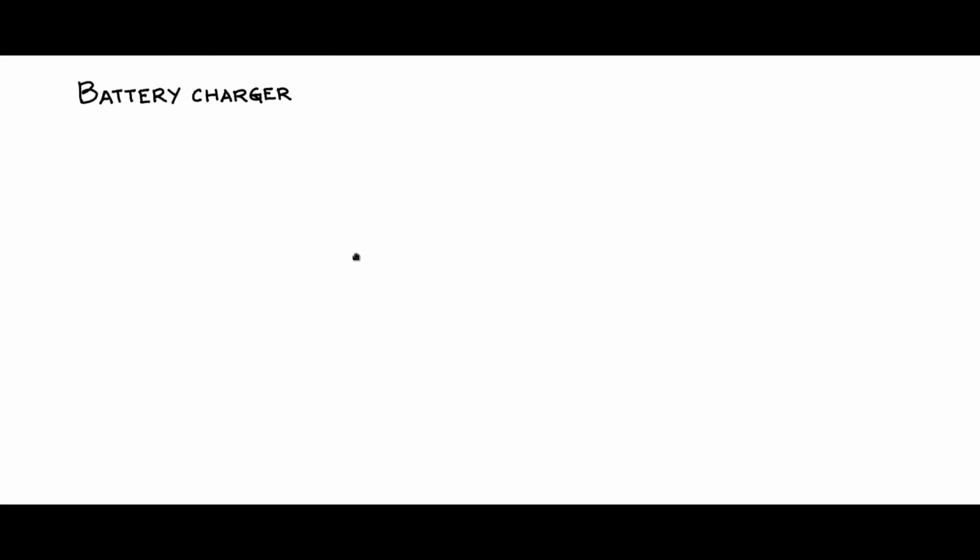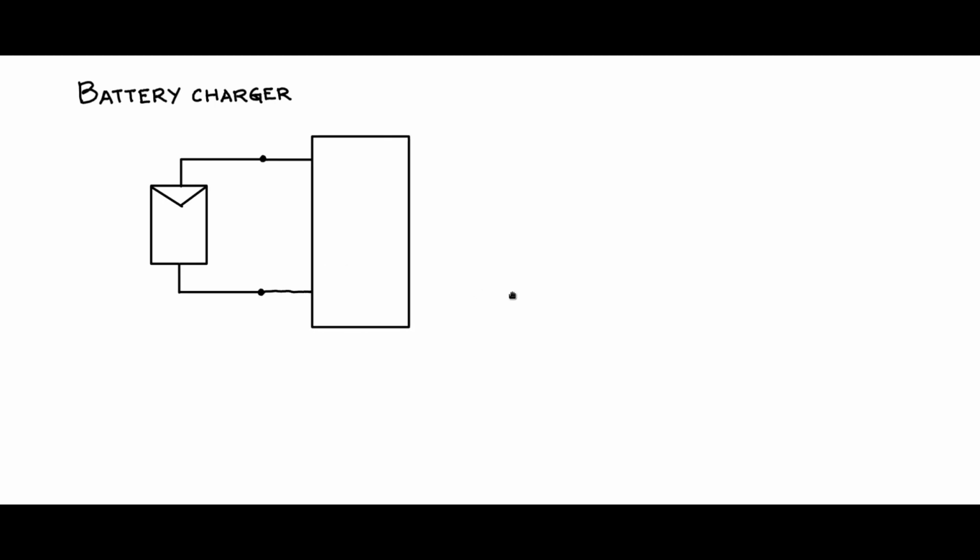Let us now discuss the battery charger circuit, where MPPT is built into the charger. So let us consider this PV module or a PV array, and this PV array is connected to a DC-DC converter, and then the output of the DC-DC converter is connected to a battery that needs to be charged.